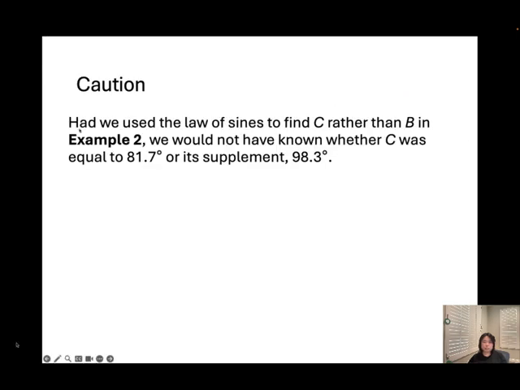So this is what they say: had we used the law of sine to find C rather than B in example 2, we would not have known whether C was equal to 81.7 or its supplement 98.3. Because angle B is an intermediate angle, we know it won't be an obtuse angle. So that's why we use the law of sine to find B first.